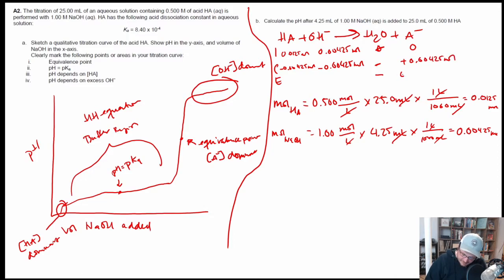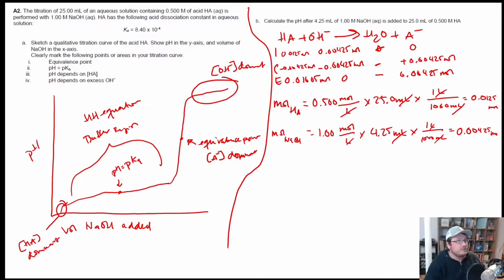So at the end, we're going to have 0.00425 moles of A minus, 0 moles of OH minus, for simplicity's sake right now. And then we're going to have 0.0125 minus 0.00425 comes out to being 0.01005 moles of HA.